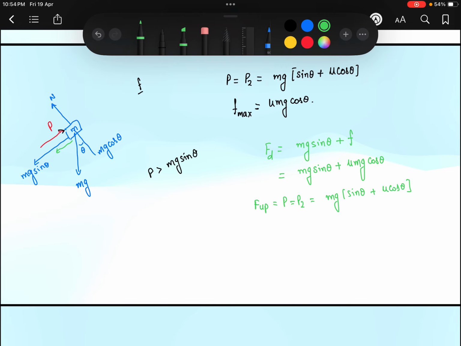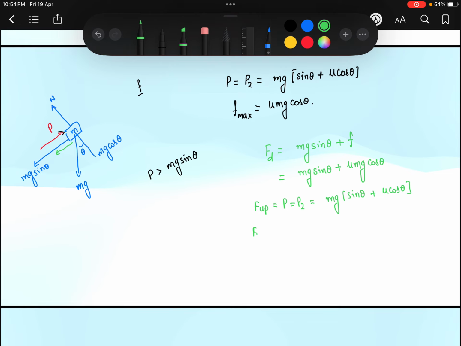So what we are getting here, F upward is equal to F downward force. So the acceleration of this block of mass m will be 0. That means your block of mass m is stationary.